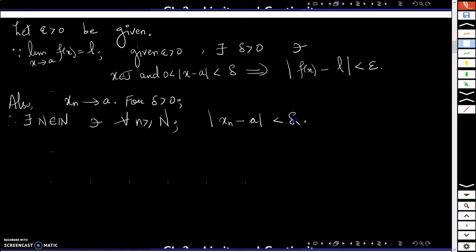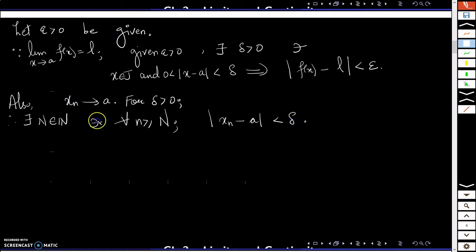It works for any positive number. I used epsilon because that's how we had defined it, but now I'm applying it for delta positive.